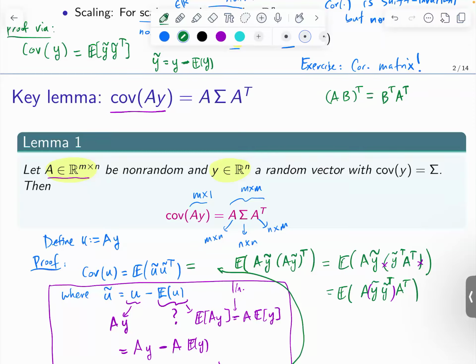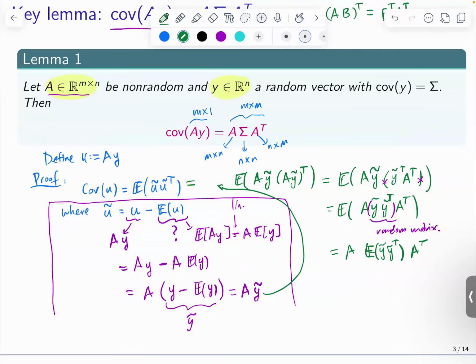Y tilde Y tilde transpose, let's say this is like a random matrix. So what should we do now? You can take out the A. Yes, so I can take A on this side and A transpose on this side, and then apply the expectation just to the middle guy, which is the random quantity.